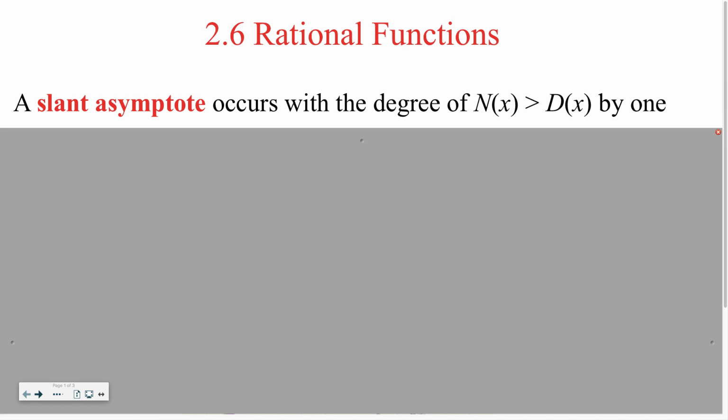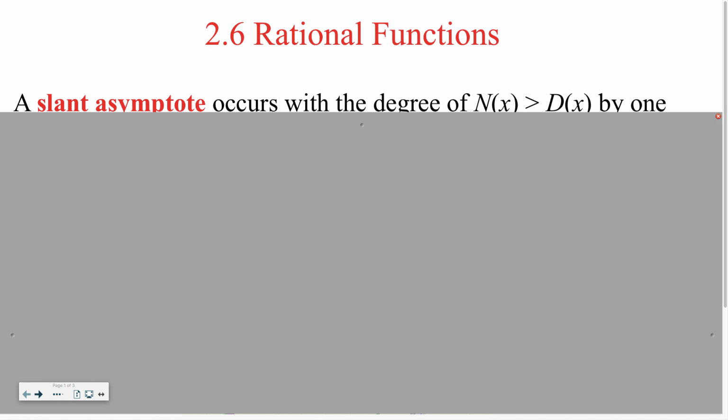Okay. Yesterday, we talked about our rules for horizontal asymptotes. We talked about if the degree of the numerator was the same as the denominator. We talked about if the degree of the numerator was less than the denominator. But we have a third option, don't we? What if the numerator is greater?